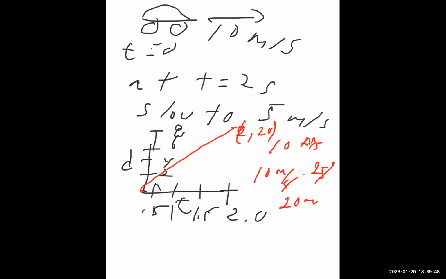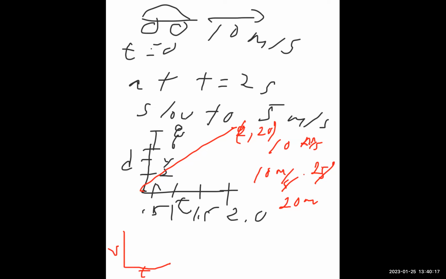Notice that our slope is positive, meaning our acceleration is constant. So our acceleration chart, we look at velocity over time. Our acceleration chart, well, that looks like 10 meters per second per 2 seconds, looks like 5 meters per second squared.